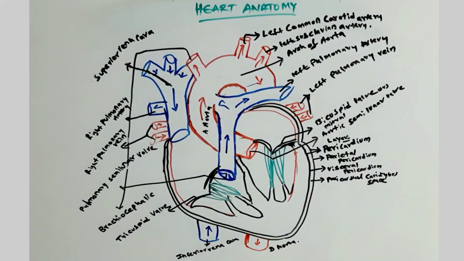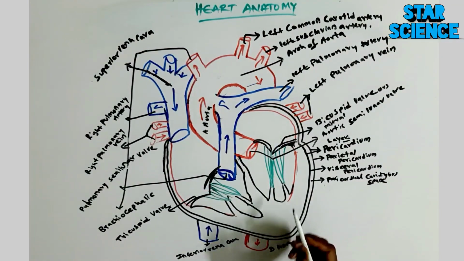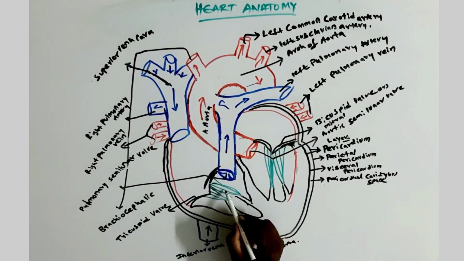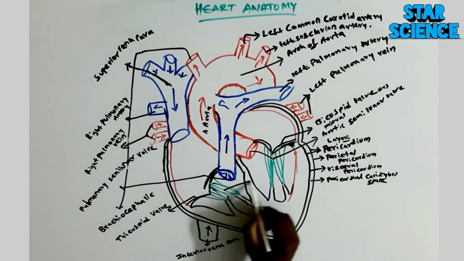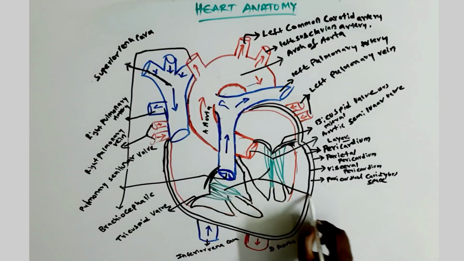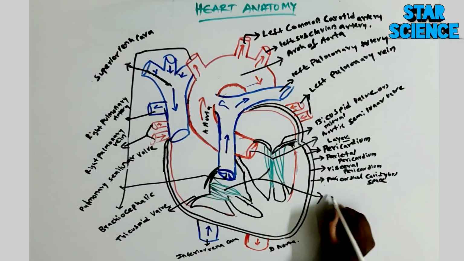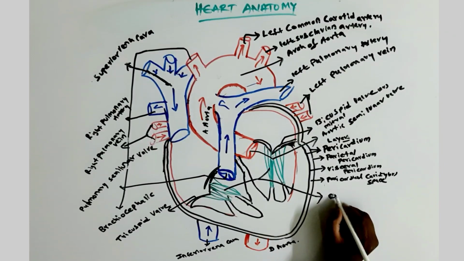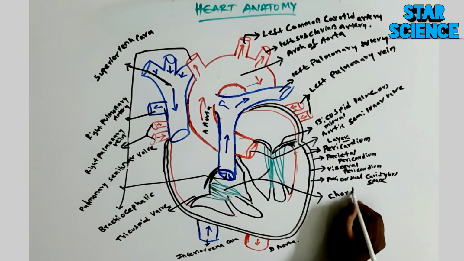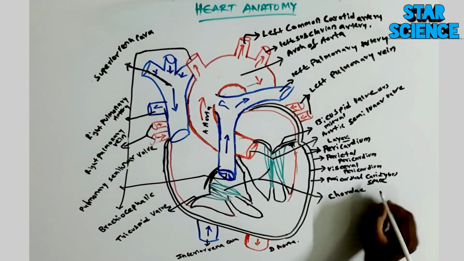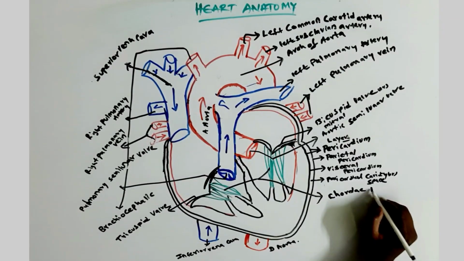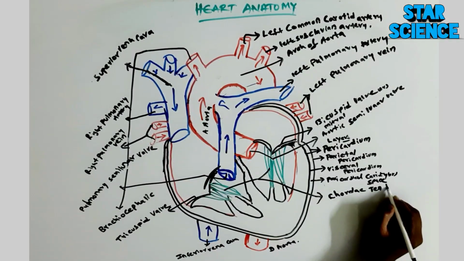Next we are seeing, in green color, right now I am showing you with my pen on the screen, these particular regions which are called chordae tendineae. These strings are used for opening and closing of the mitral or bicuspid and tricuspid valves.